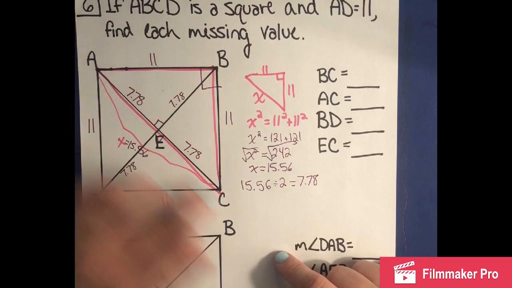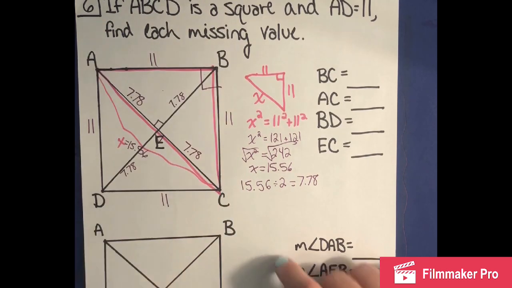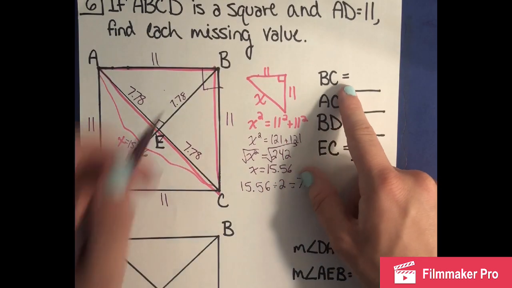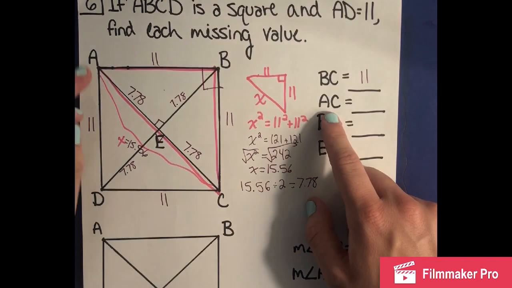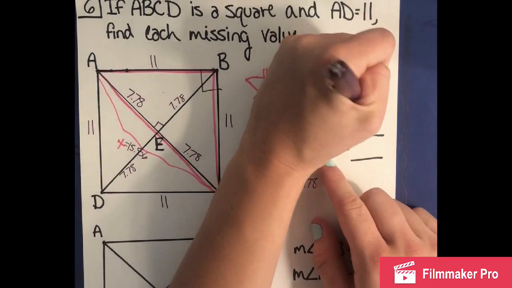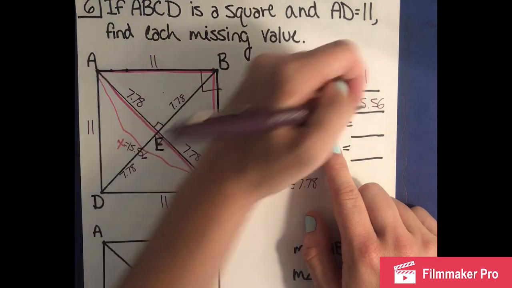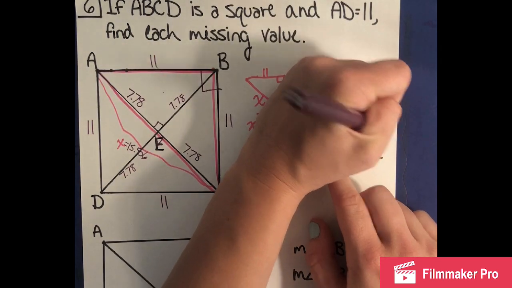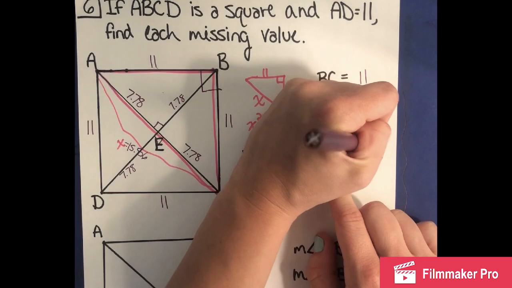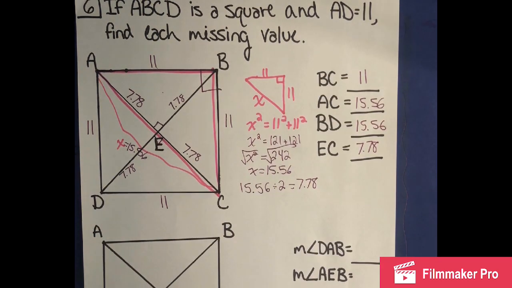And if they want the whole thing, it's the 15.56, okay? So let's look. BC is 11. AC is the whole thing, which is 15.56. BD is the whole thing again, 15.56, and EC is 7.78, okay?